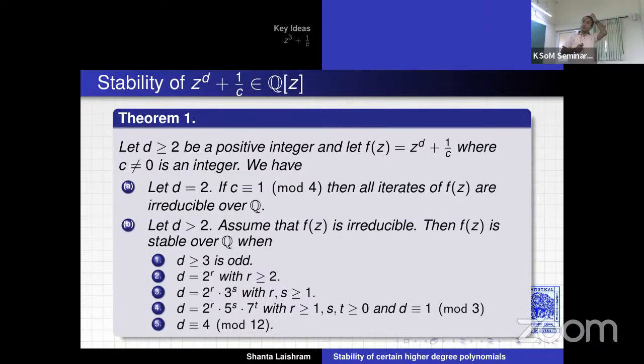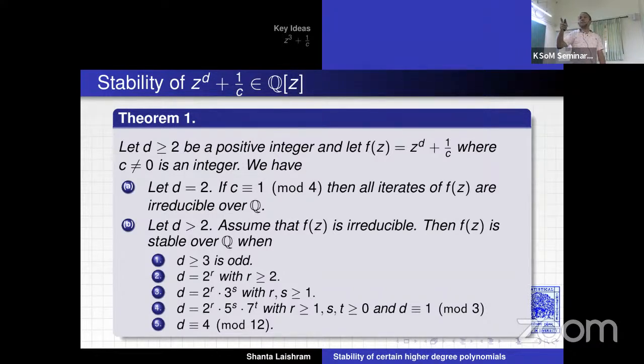So this is the theorem we had. Start with a positive integer d and a polynomial x^d + 1/c, where c is an integer. We are not able to prove that it is stable for every c, but what we can prove is the following.